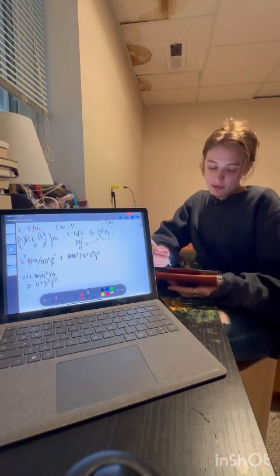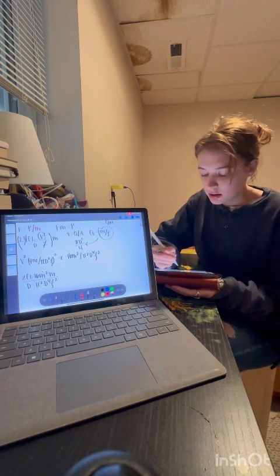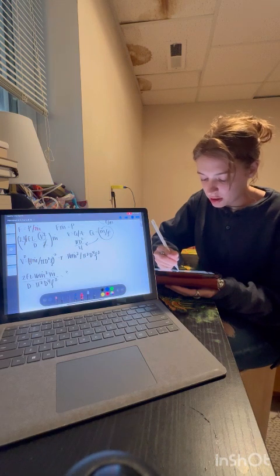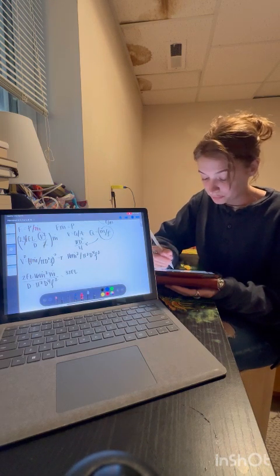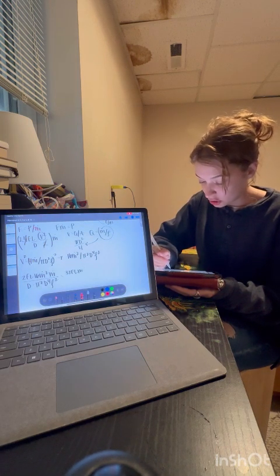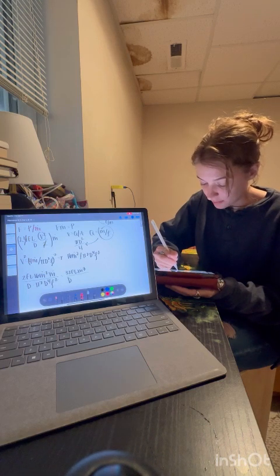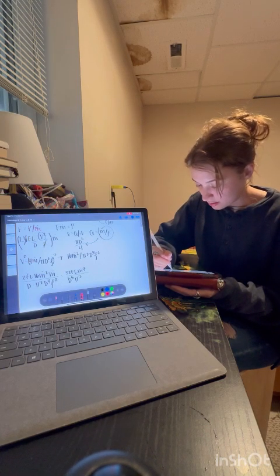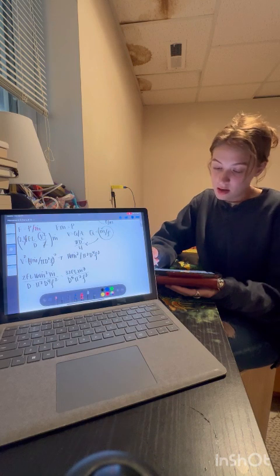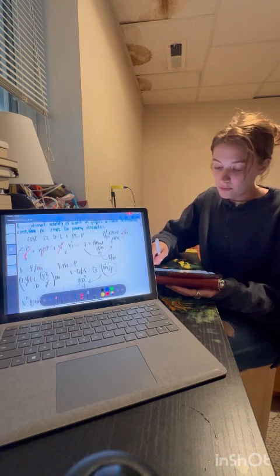So simplifying this to more workable terms, we get 32 FL m dot cubed divided by d to the 5th pi squared rho squared. So this is a bit more workable.